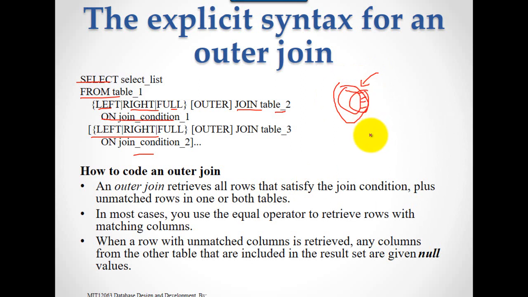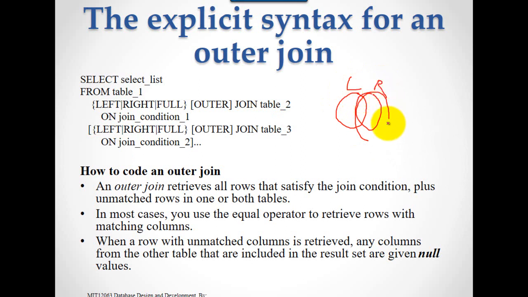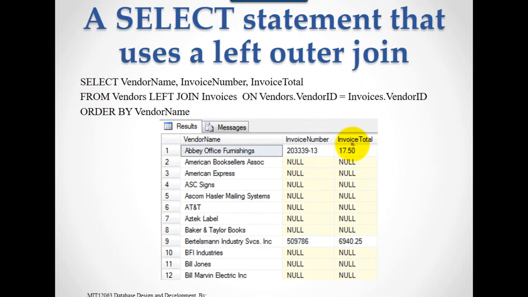If it is a right join, it is the other way around. If there are two tables, this is left and this is right, and if it is a right join, the entire data from the right table will be taken, and the left table will also be taken, but for unmatched records it will display the null keyword. If it is a full join, all left records and right records will be taken. This is how it works.